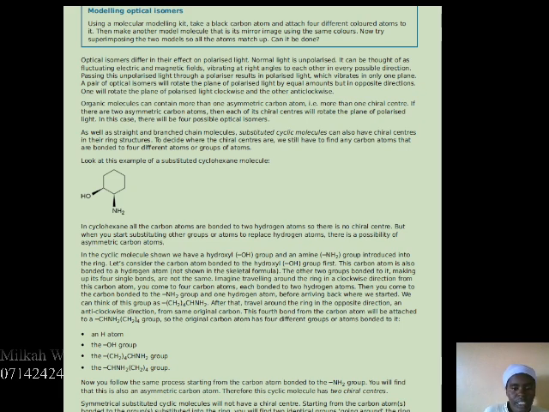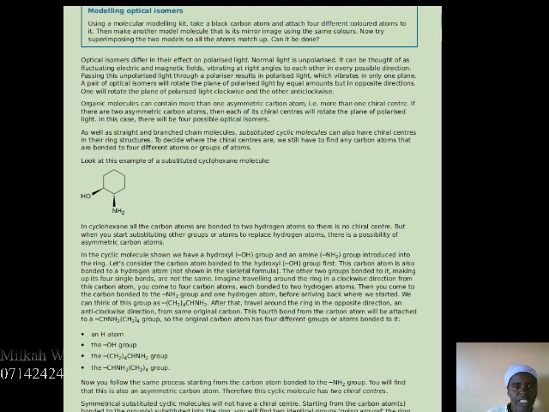Normal light is unpolarized, and it can be thought of as fluctuating, changing electric and magnetic fields vibrating at right angles to each other in every possible direction. But if you pass unpolarized light through a polarizer, you will have polarized light.